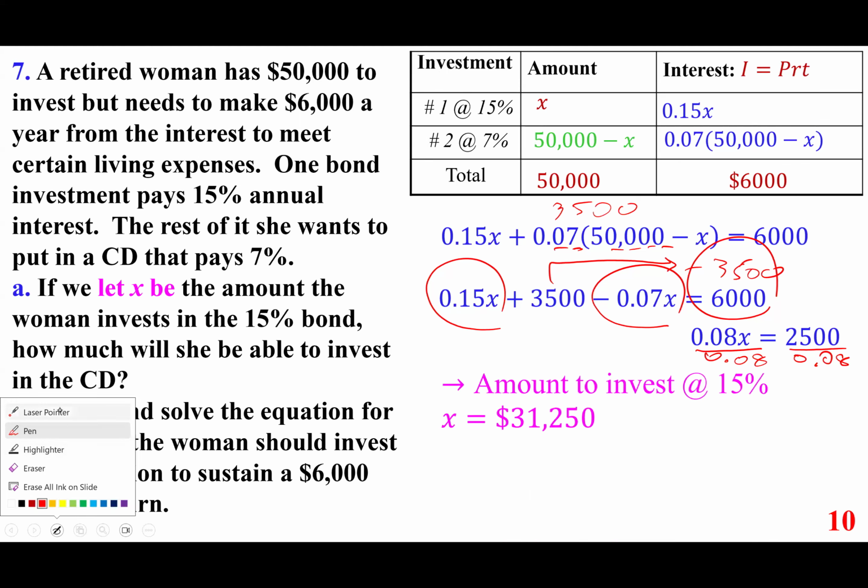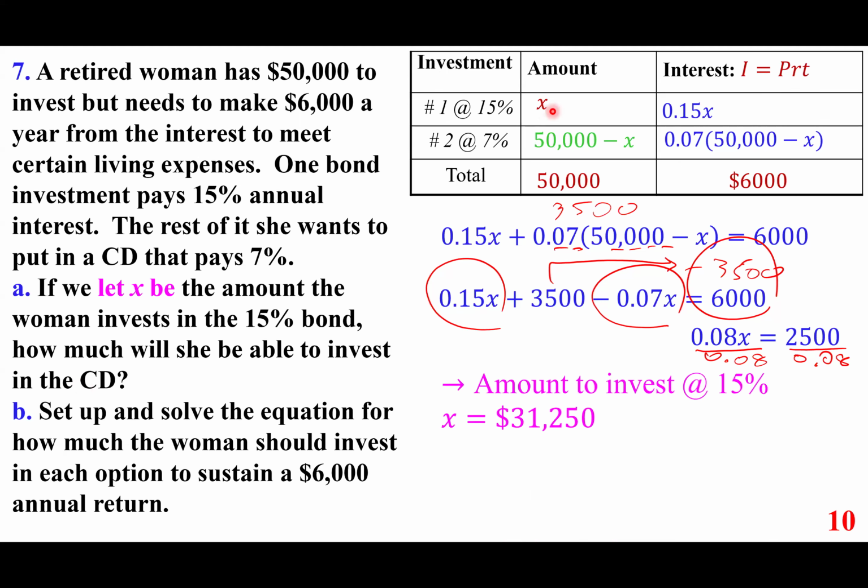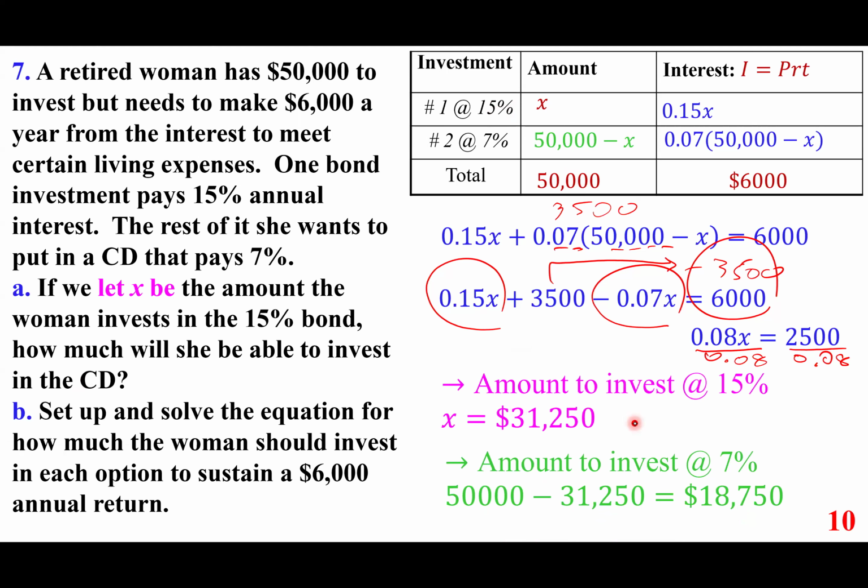That is the amount for X. That is the amount that we invest at 15%. The rest of it, that means 50,000 minus X. 50,000 minus $31,250, which is $18,750 at 7% investment.